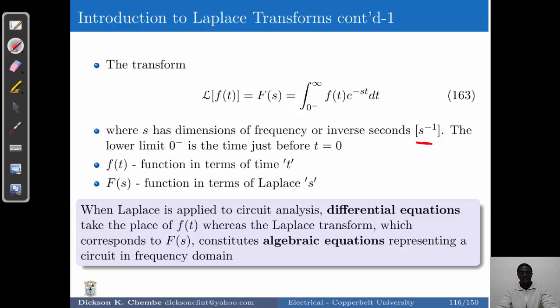And when the Laplace is applied, like I mentioned, the differential equations in the time domain function are replaced by algebraic equations, which makes it easier for you to solve and come up with the solution in algebraic format, and then you change that back into the time format and you get your solution.